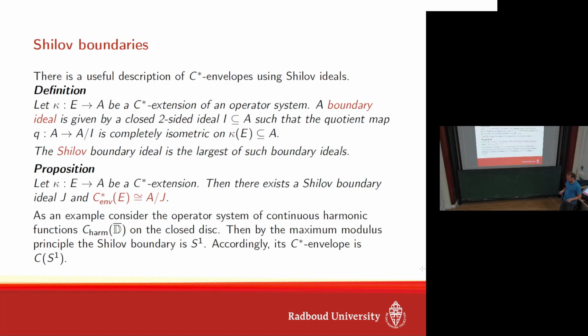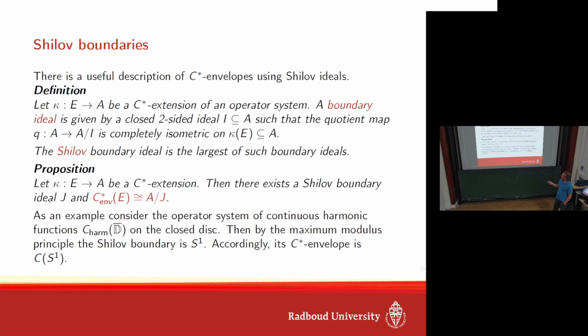But then you realize that actually, the restriction to the boundary, you know that the supremum of the modulus will be attained at the boundary. And that means that I can actually throw away all of the interior. So I can quotient out C0 of the open disk, D, without losing any information.